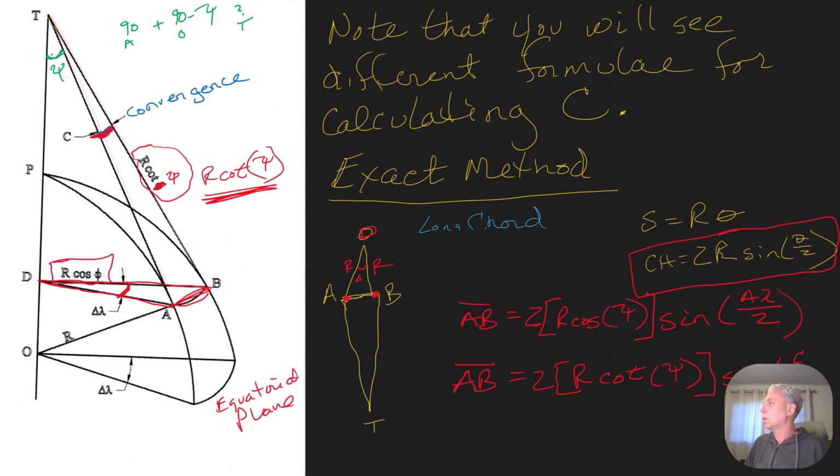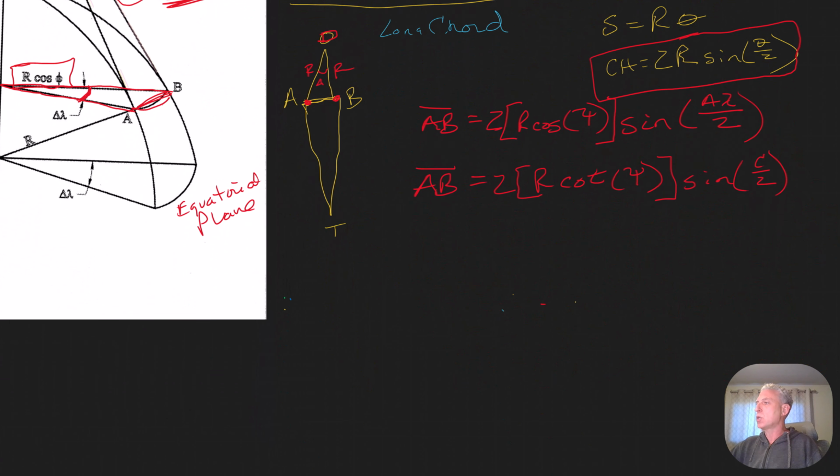So c over 2. Just working with triangles. This is baby stuff. Well, since the chord from A to B is just a chord from A to B, it doesn't change length like a curve might. We can say that we can set those two equations equal to each other, couldn't we?